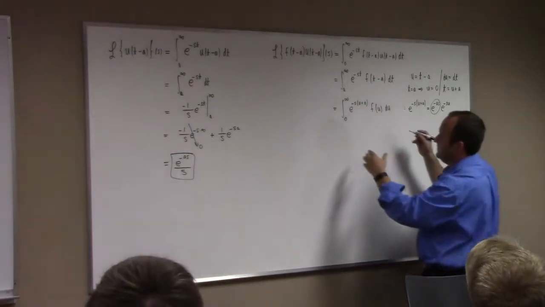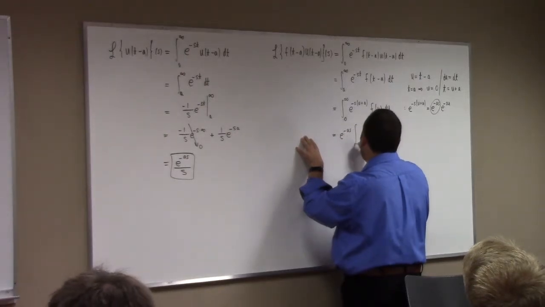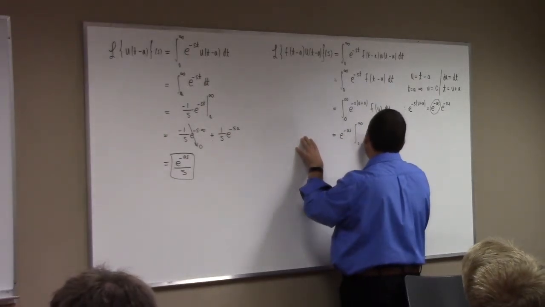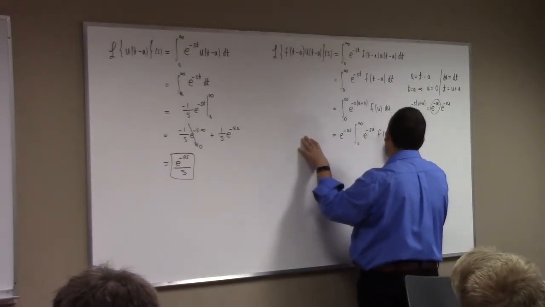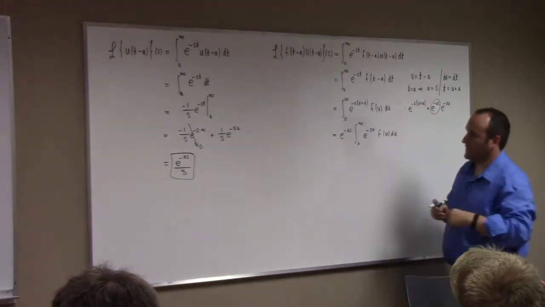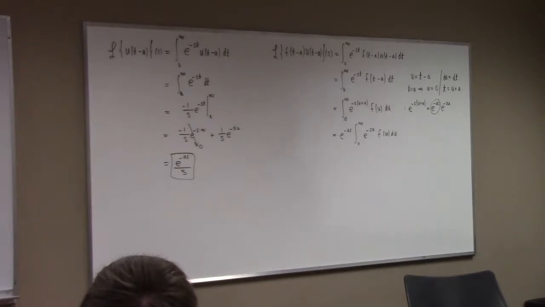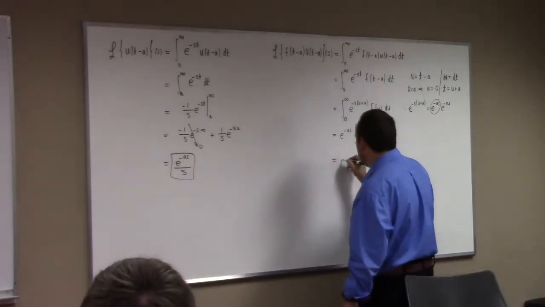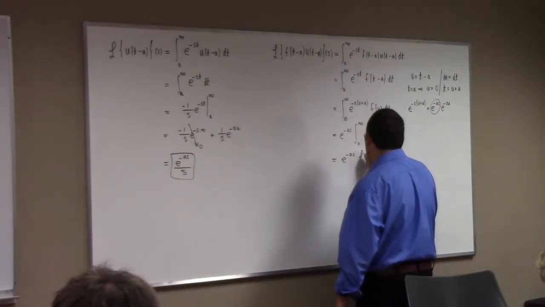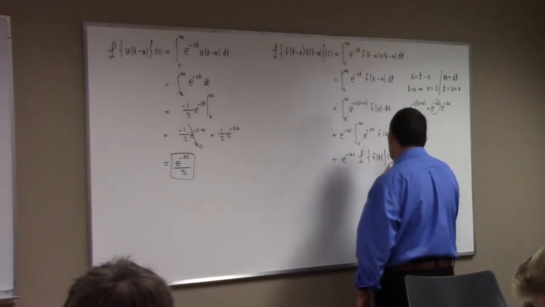So we'll do that. We have e to the minus as times the integral from 0 to infinity of e to the minus su f of u du, but that is precisely the Laplace transform of f of t, just written in terms of a u integration rather than a t integration. This is nothing more than e to the minus as times the Laplace transform of f of t of s, right?